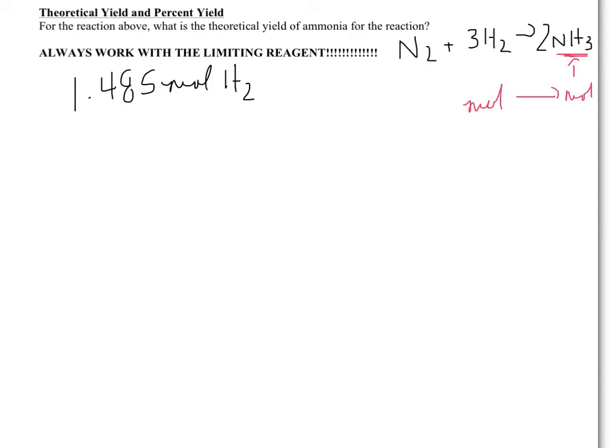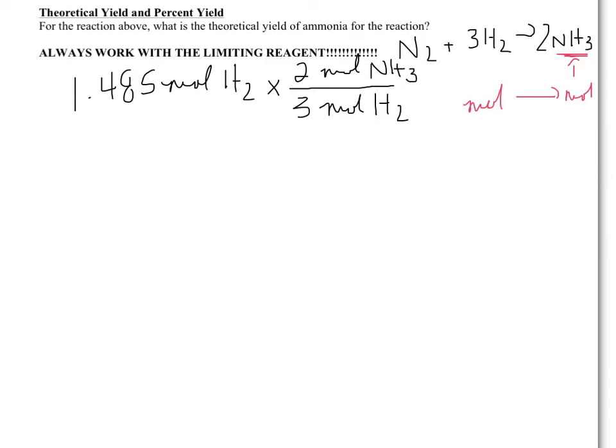So I take my 1.48, and I now multiply by mole ratio because I am at moles and I want to get to moles. And how do I do that? Mole ratio. So I put moles of hydrogen gas on the bottom, which is 3 moles, and the ratio would be 2 moles of NH3 for every 3 moles of H2 gas.